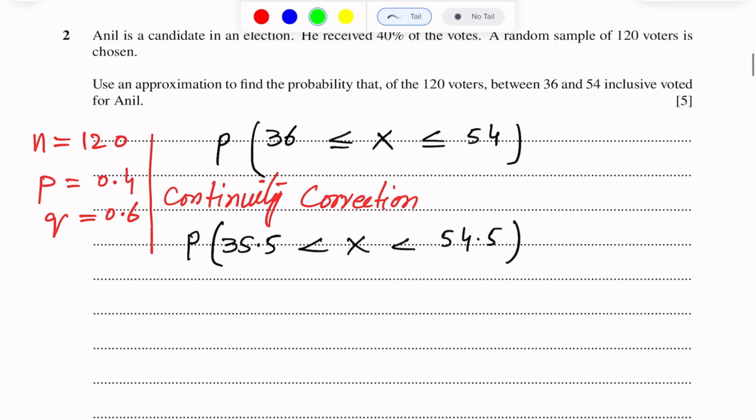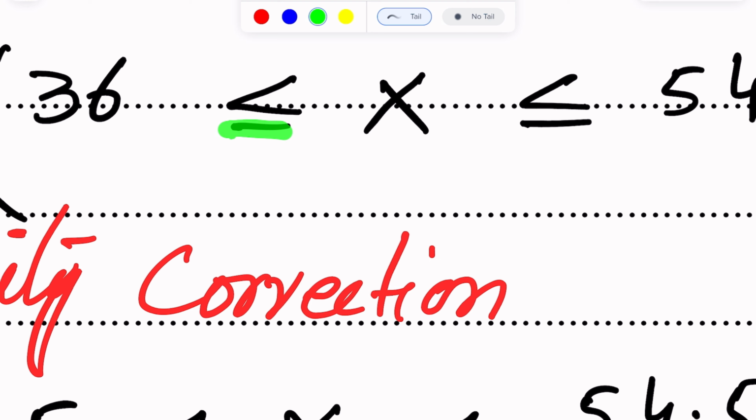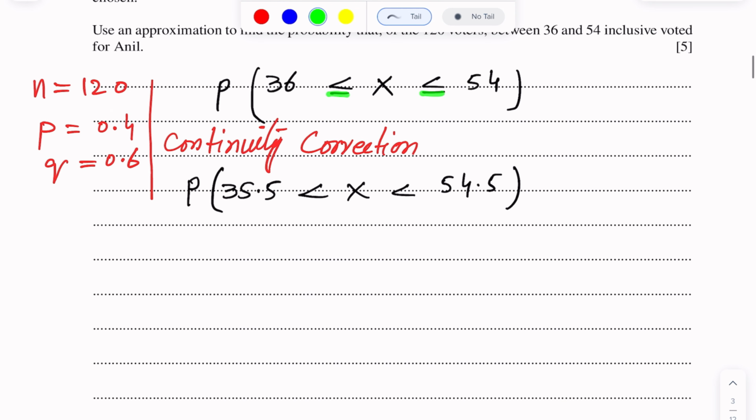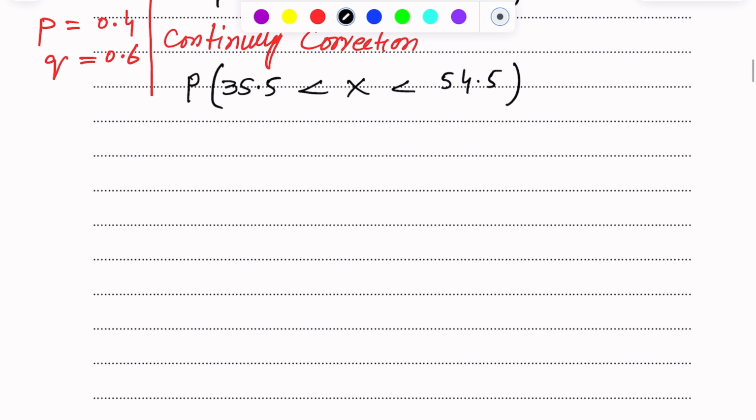Now the equality sign will be removed after continuity correction. Now we will convert this x into z by the formula z is equal to x minus mu over sigma. We will convert this normal variable into a standard normal variable.